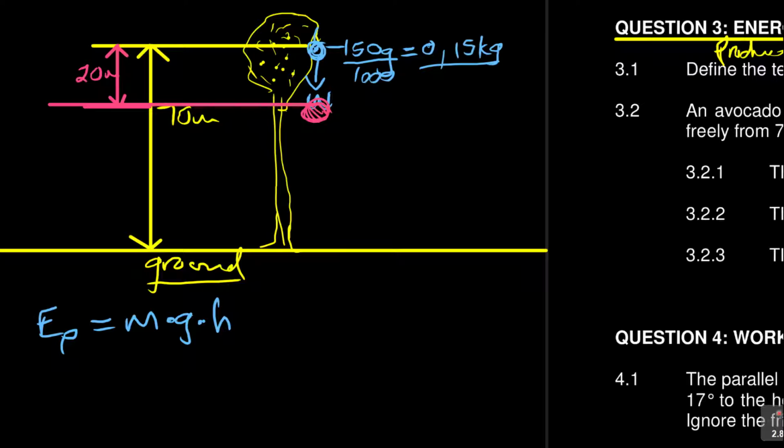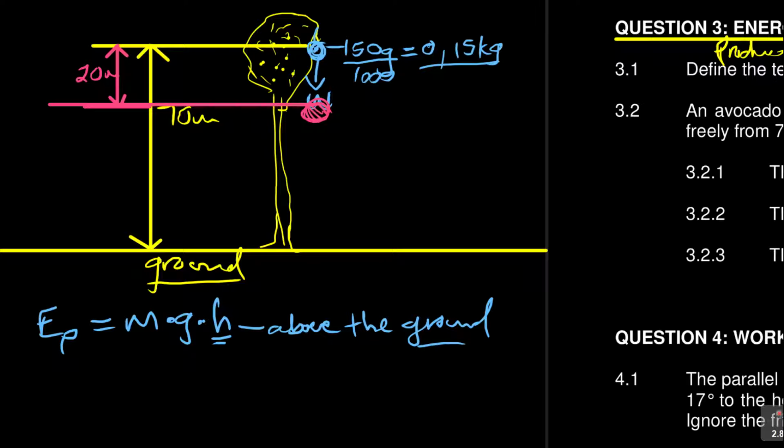Now the key thing that they wanted to check you on is the height, h. They are saying this is the height above the ground. Whenever they give you mass times gravity times height, know that this is the height above the ground. So we need to find the height above the ground.